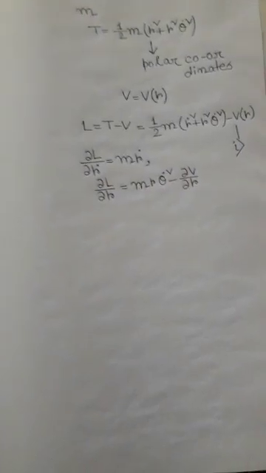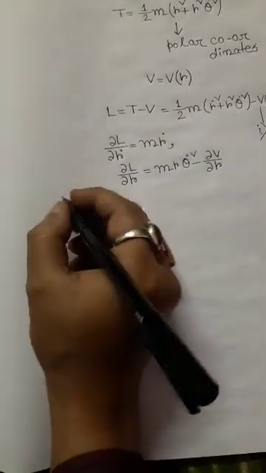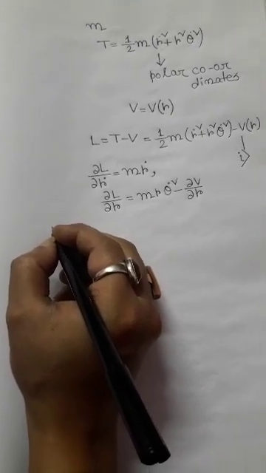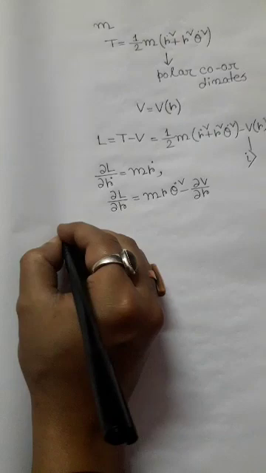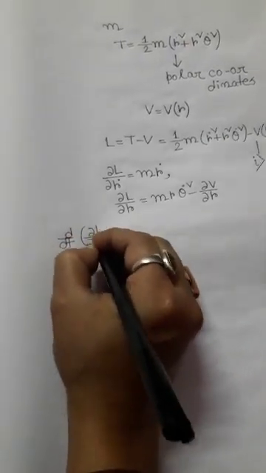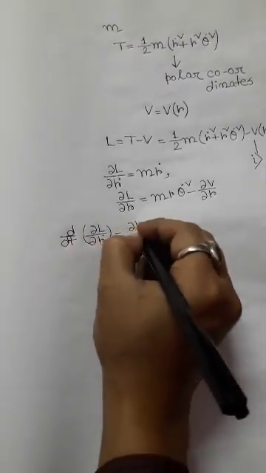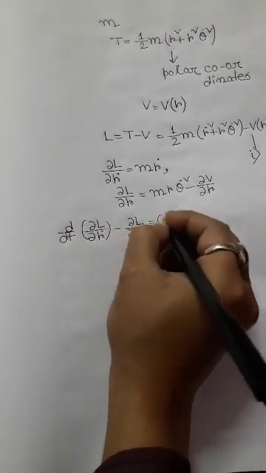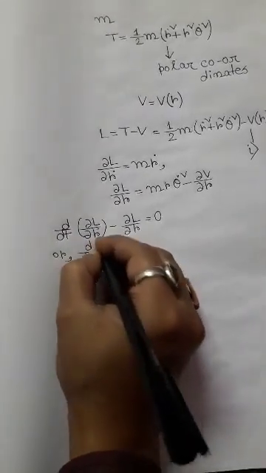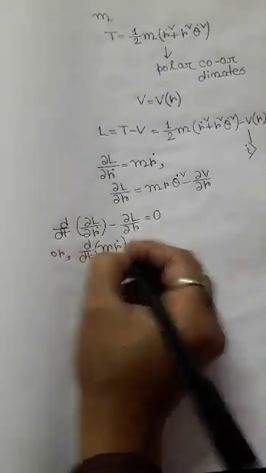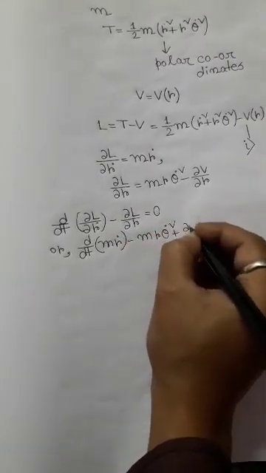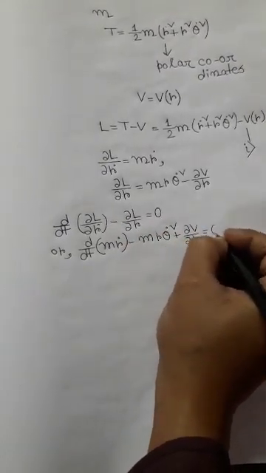So what will be the radial equation of motion? We can find it in terms of Lagrange's equation of motion for a conservative system, that is d/dt of del L del r dot minus del L del r equals 0. So we can write d/dt of m r dot minus m r theta dot square plus del V del r equals 0.